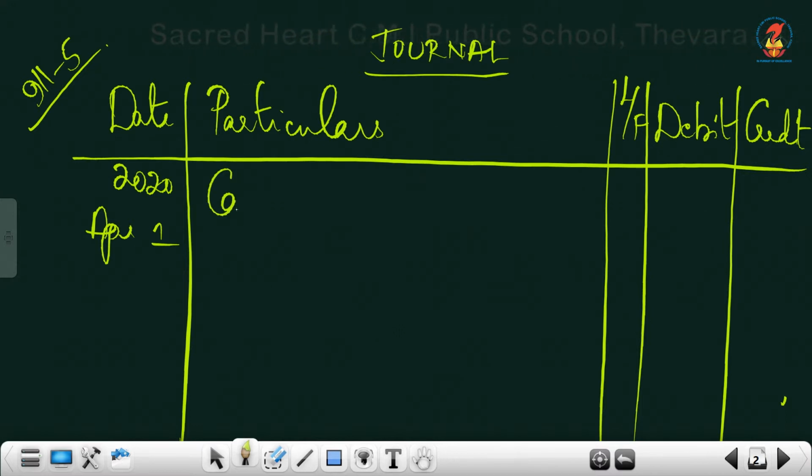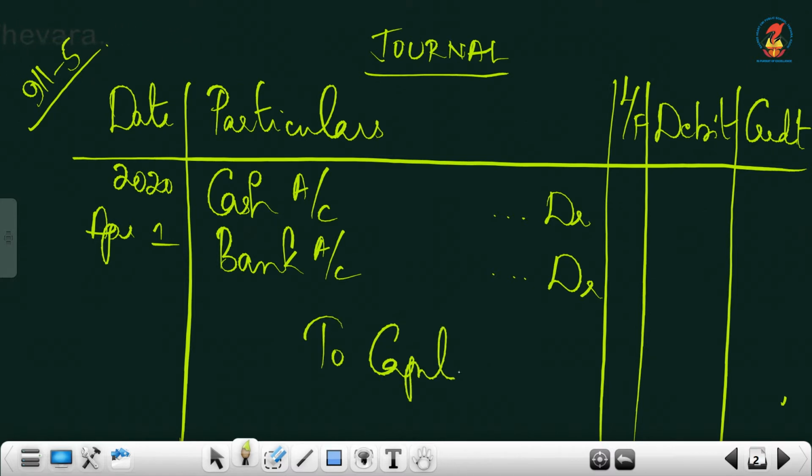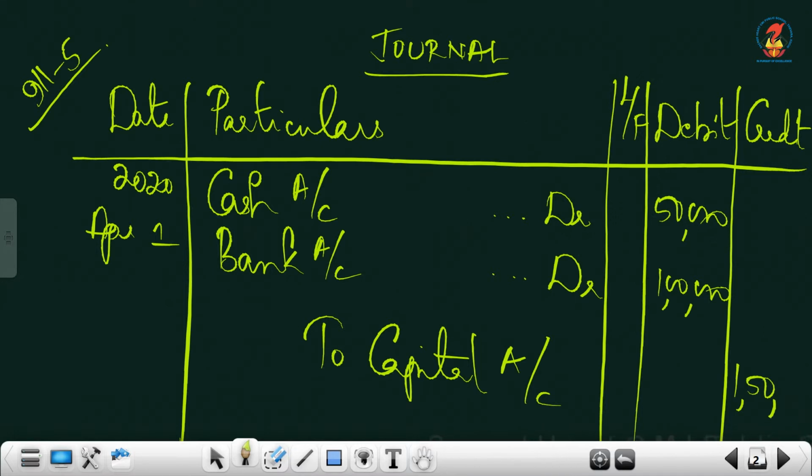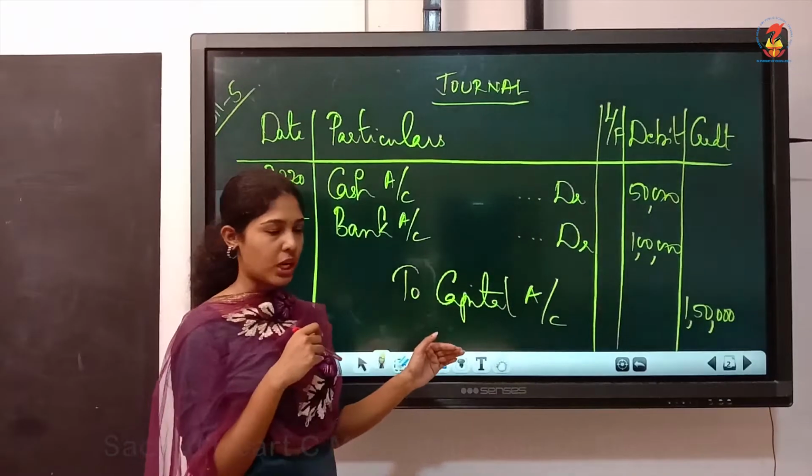So we'll write cash account. Cash is coming into the business, so we have to debit. There is one more item coming into the business, that is check. We have to write it as bank account. That means cash at bank is increasing. To, as usual, you will write capital because we are starting the business, so capital also increases. Cash is 50,000. The check is for 1 lakh. Now we know that the total of debit side must be always equal to the total of credit side. So credit side, the amount will be 1,50,000. So this is the journal entry.